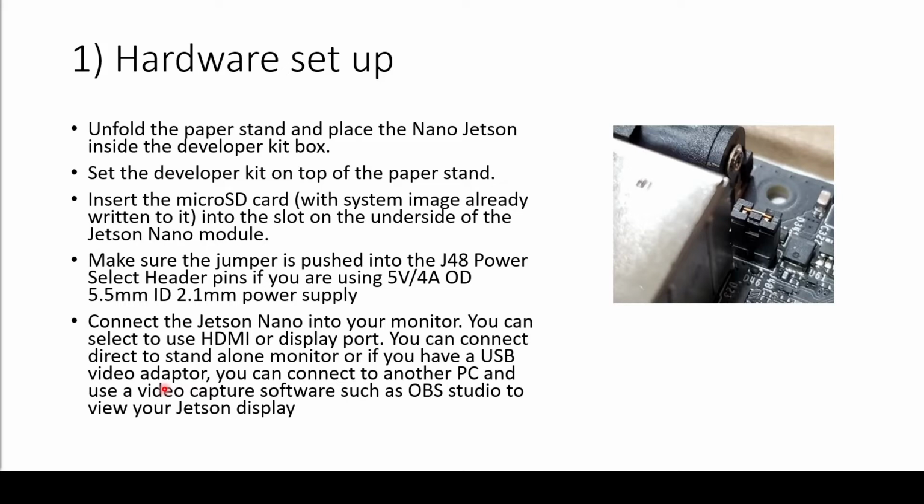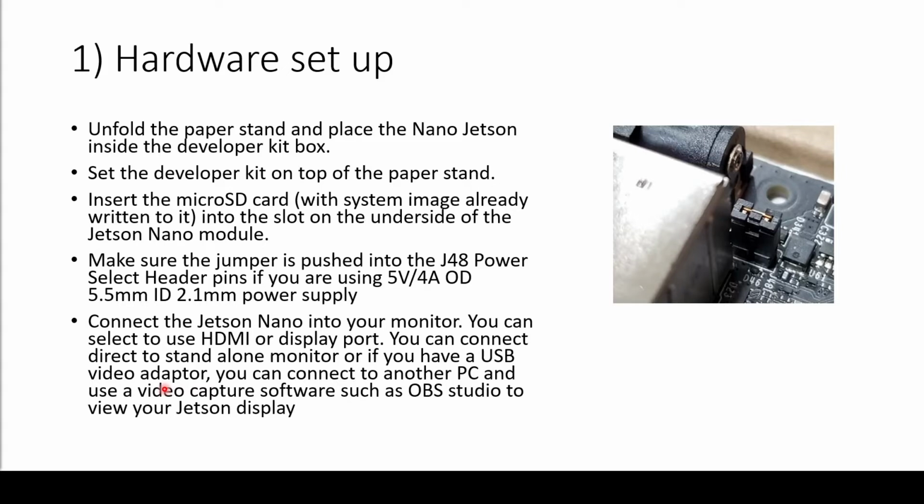Once you have completed formatting your memory card and put the JetPack onto it, the first thing you need to do is make sure that you prepare your hardware properly. This is optional: unfold the paper stand and place the Jetson Nano inside of the developer kit box.